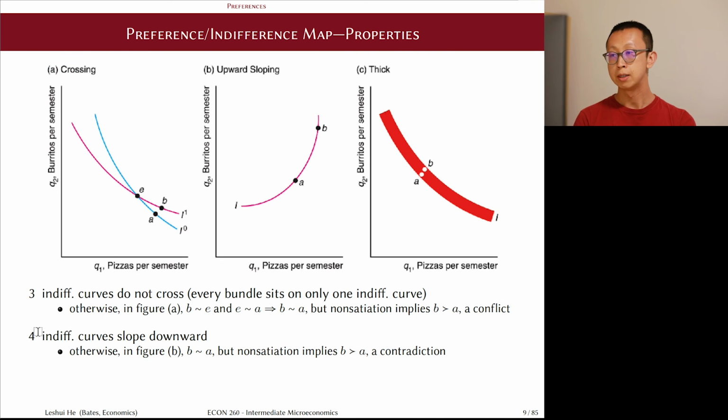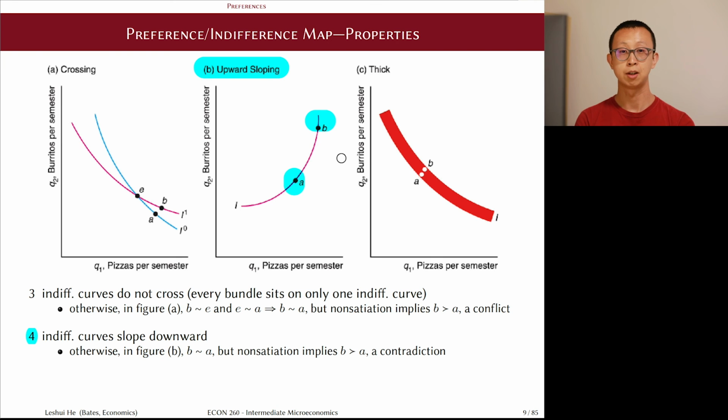Property 4 says that any indifference curve must slope downward. What if that's not the case? Let's look at figure B here, where we have an upward sloping indifference curve. By the definition of an indifference curve, any two bundles lying on this curve must be indifferent, and therefore bundles A and B must be indifferent to each other.